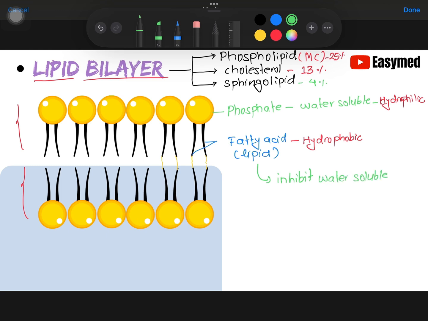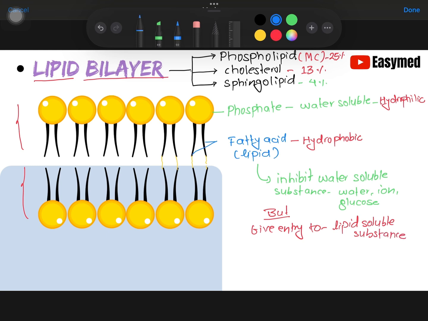So this fatty acid part inhibits the water soluble substances like water, ion, and glucose, but it gives entry to the fat soluble substances like oxygen, carbon dioxide, and urea.